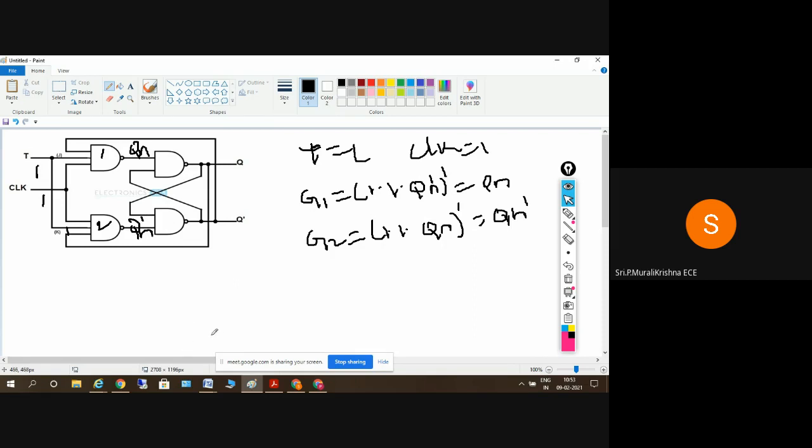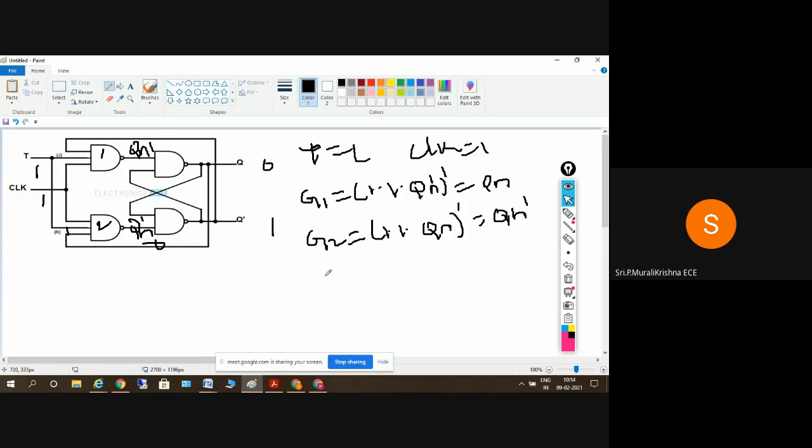If I assume the value of Qn is equal to 0, what is the value of Q of n plus 1? It is equal to 1. And if I assume the value of Q of n is 1, I'll get a 0.